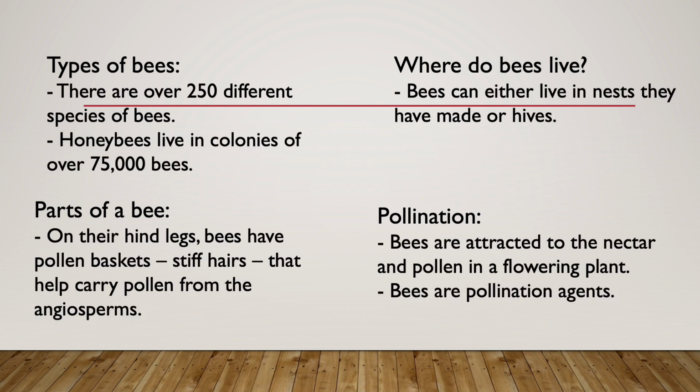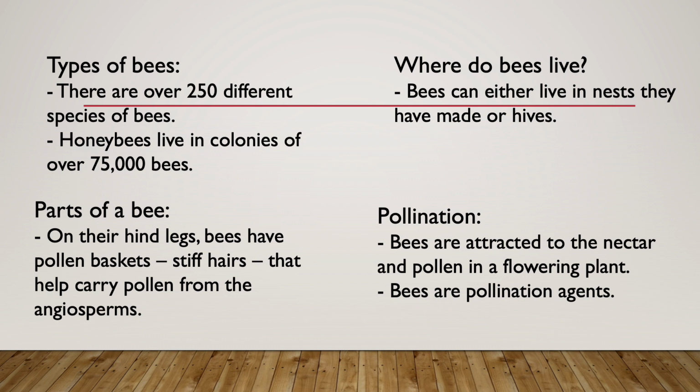So, underneath types of bees, I have put there are 250 different species of bees, and also honeybees live in colonies of over 75,000 bees. Underneath where do bees live, I have put bees can either live in nests they have made or hives.